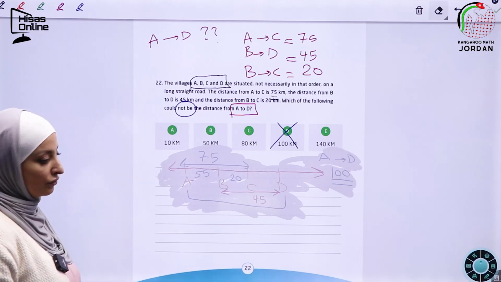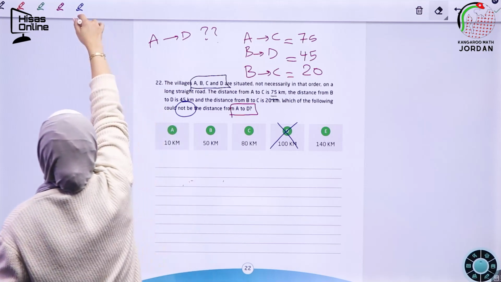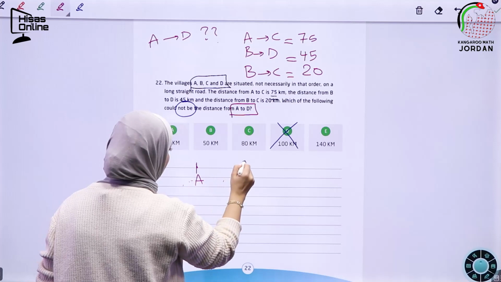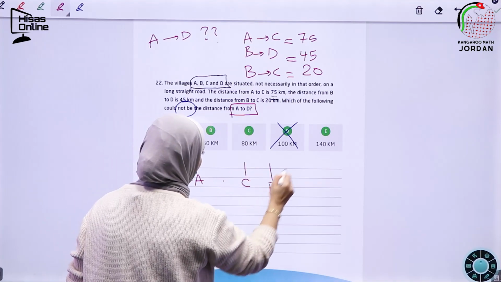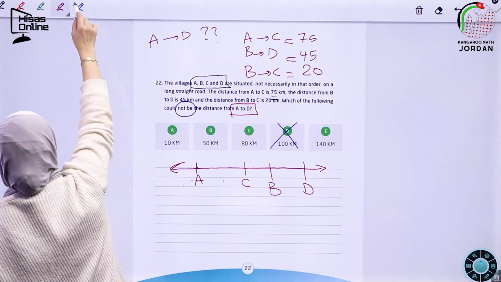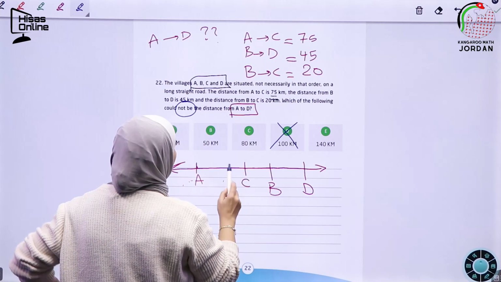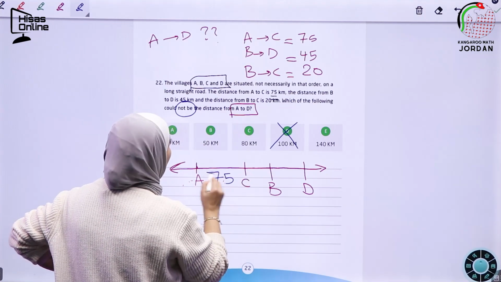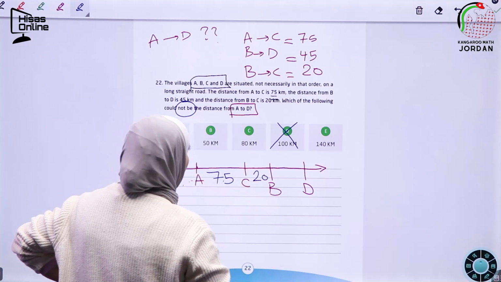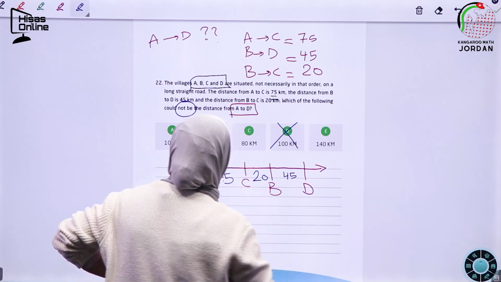Let's assume that it is A, C, B, D. We fill in the same way: A to C is 75, BC is 20, and BD is 45.